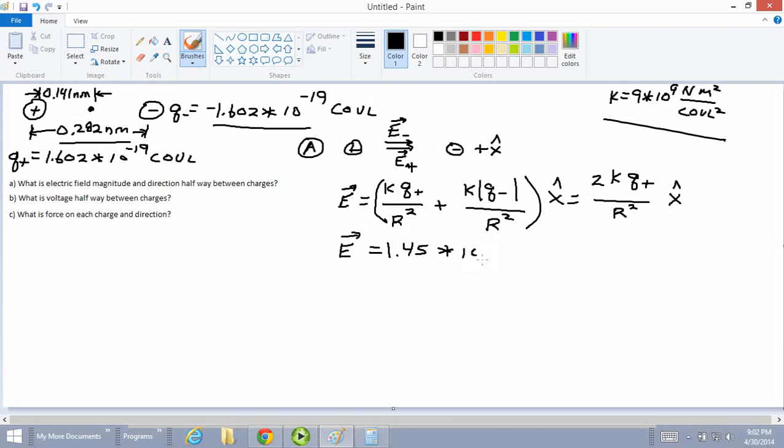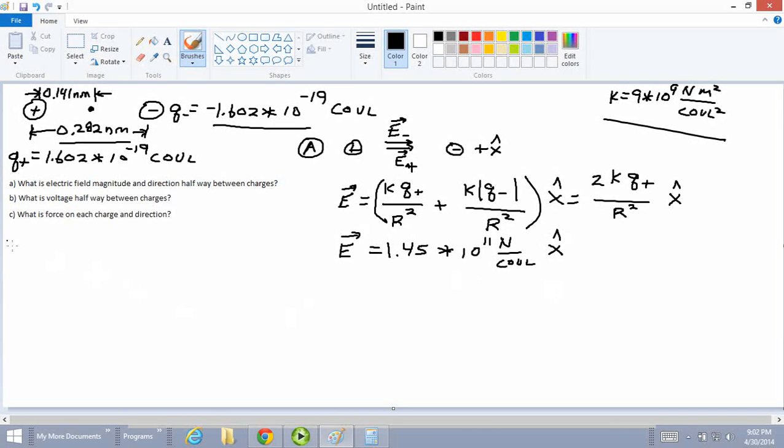Rounded to 3 sig figs, of course. And that would be newtons per coulomb, and in the x hat, in the x direction.